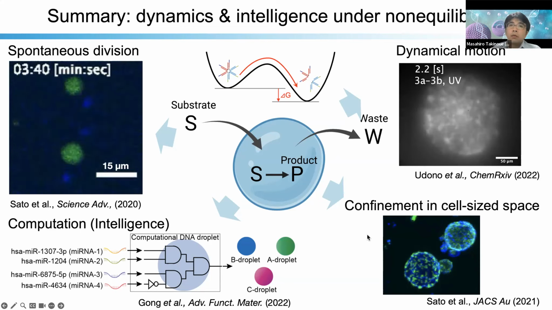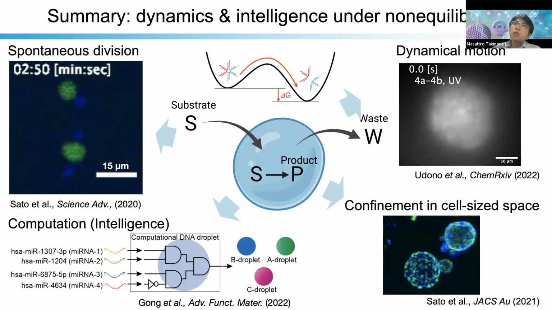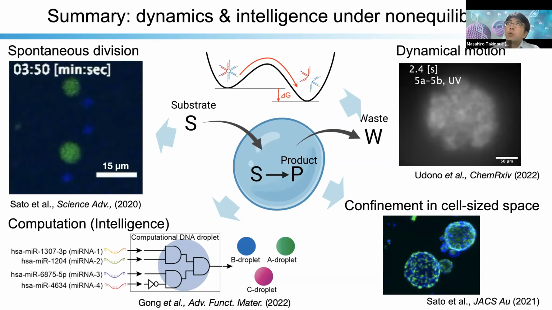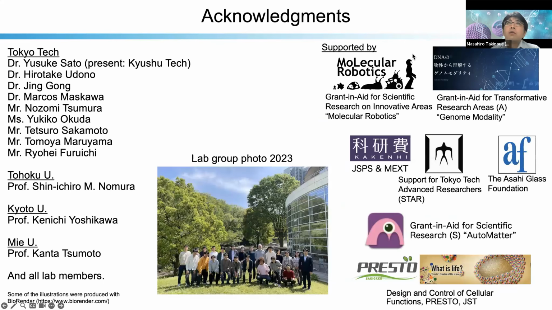So in the future, we would like to combine these functions into the DNA droplet system, and construct more sophisticated, more complex DNA-based artificial cells. Finally, I'd like to acknowledge the many collaborators, especially my laboratory members and other collaborators in other universities, and also the sponsors. Thank you so much today.